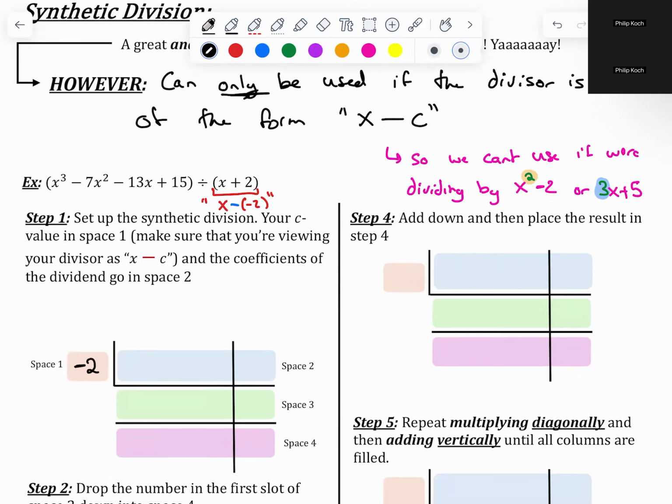So put your c value in space 1 and put the coefficients of your dividend in space 2. So 1x cubed minus 7x squared minus 13x plus 15. A note here is the bar goes right before the constant term.